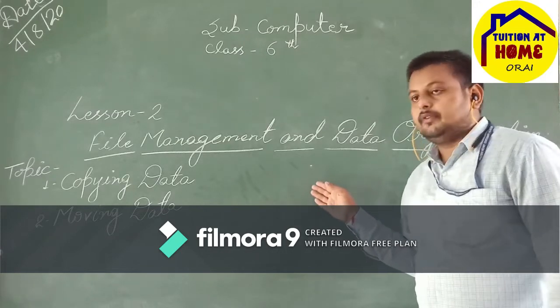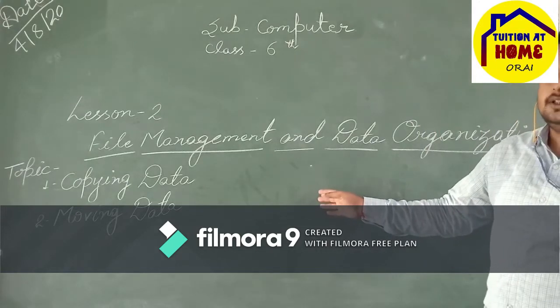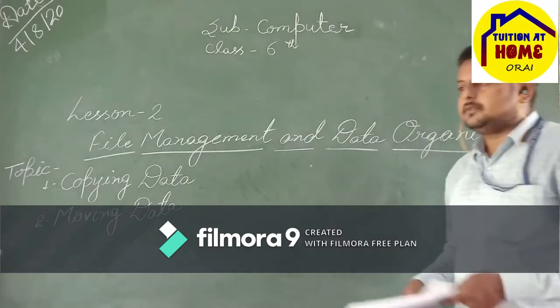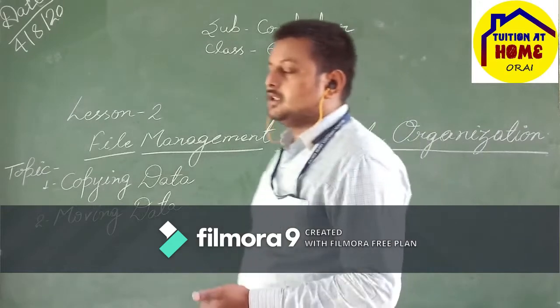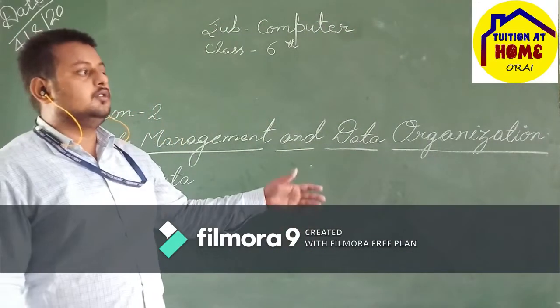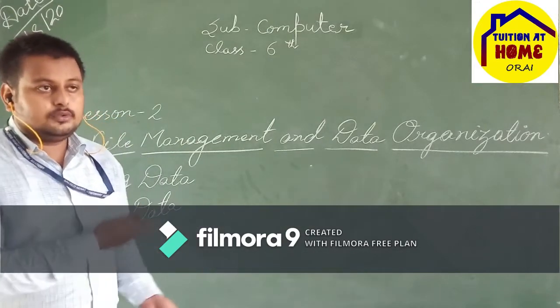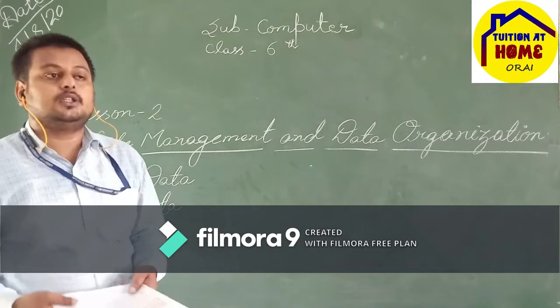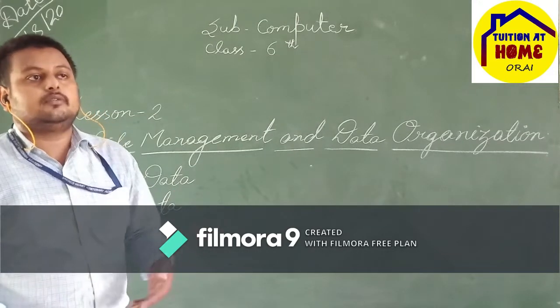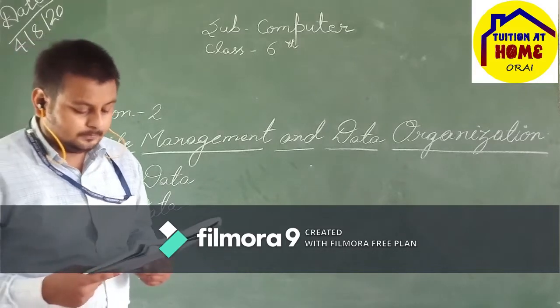If the folder is of games, you can save the games into that folder. So as per your need, you can store the file according to the folder name. So there are two operations by which you can transfer your data from here to there as per your need.